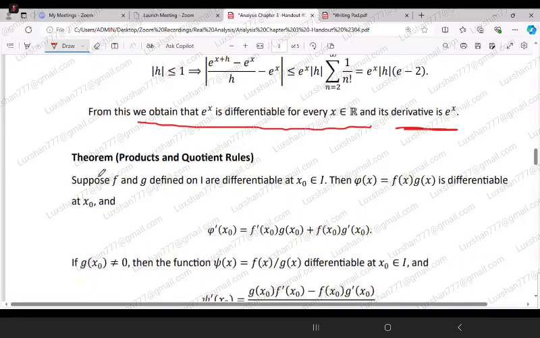Now we are going to discuss another theorem, the product and quotient rules.